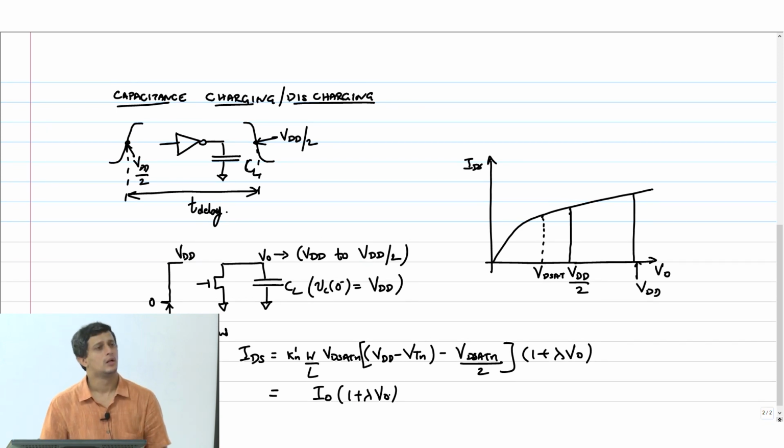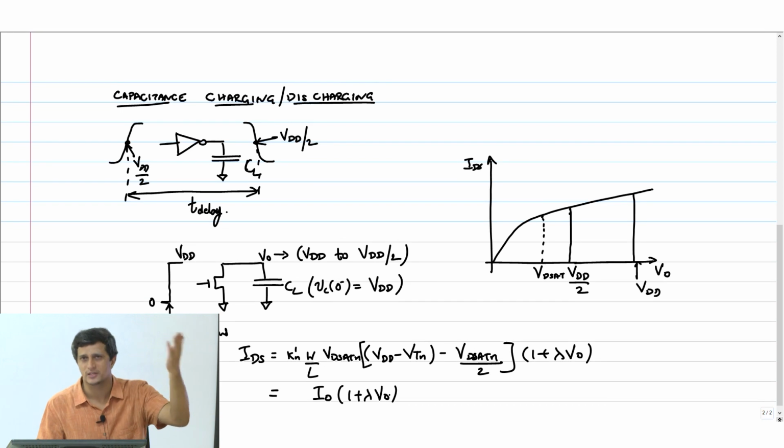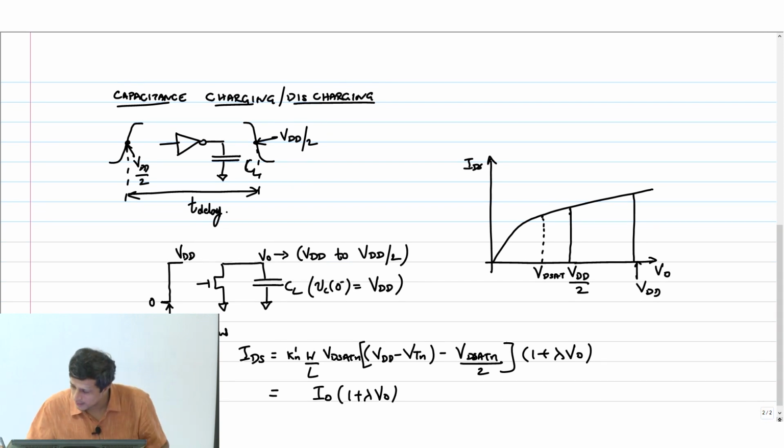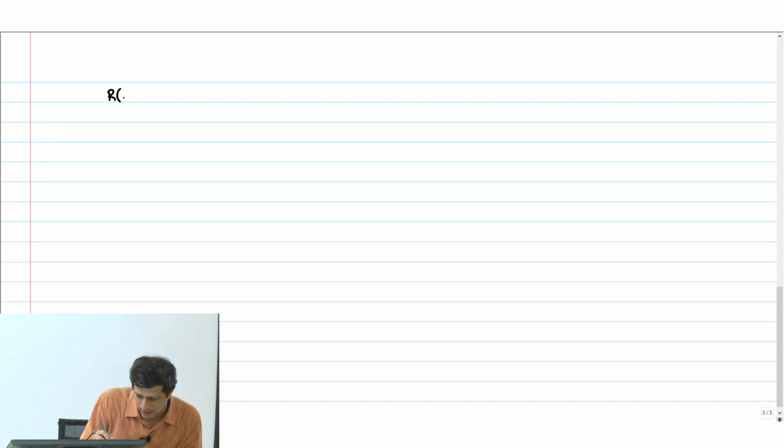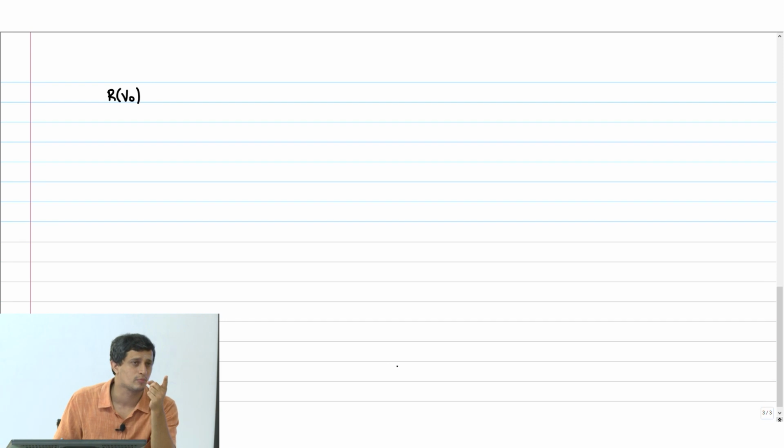Okay, so now just look at the picture. The V0 is coming down, the capacitor is discharging, right? V0 is just the voltage across the capacitor and the voltage is coming down. So if you look at the resistance, it now becomes a function of V0. So last class somebody asked me, why don't you do a derivative out here?